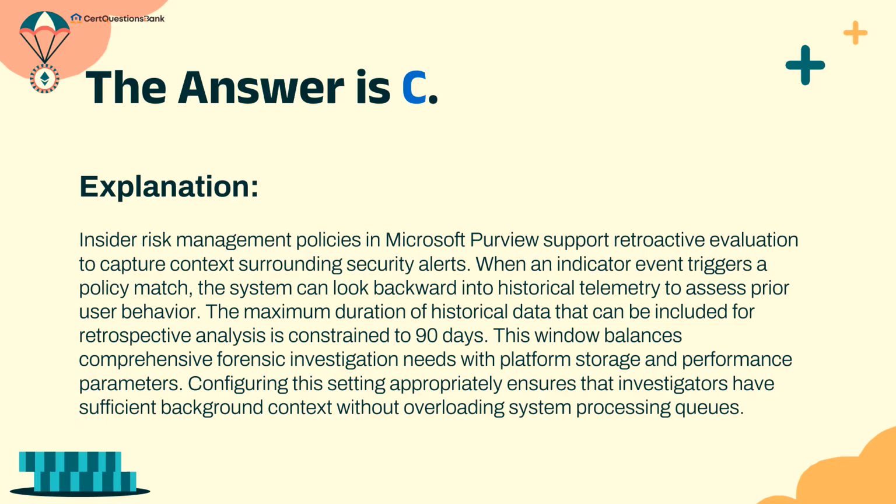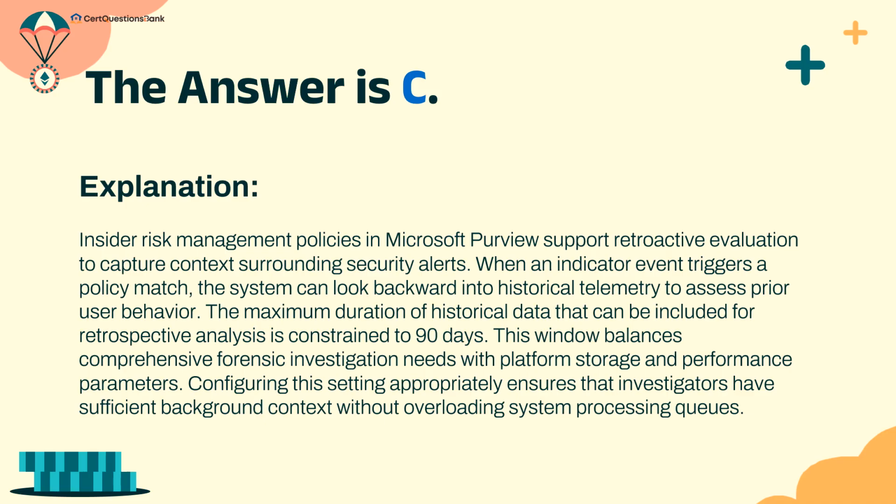Insider risk management policies in Microsoft Purview support retroactive evaluation to capture context surrounding security alerts. When an indicator event triggers a policy match, the system can look backward into historical telemetry to assess prior user behavior.